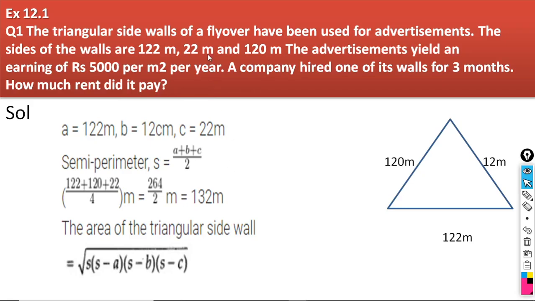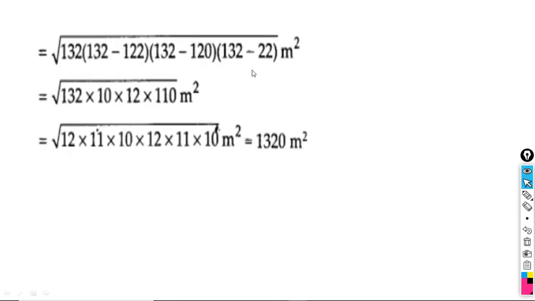First we find the area of this wall. We consider the sides A 122, B 120 and C is 22 meter. Finding semi-perimeter, it is 132, and using the area of a triangle, which is Heron's formula, by substituting the values, we get 1320 meter square.